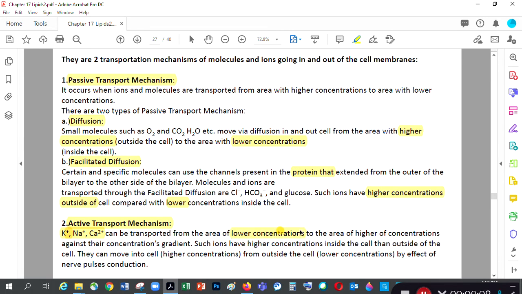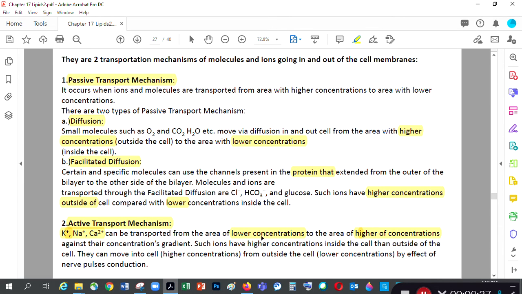This is reverse osmosis. So those are active. So how can we do that? It's very hard to do this by themselves. You need ATP, adenosine triphosphate, to help you move those from lower to higher. That's against their concentration gradient.